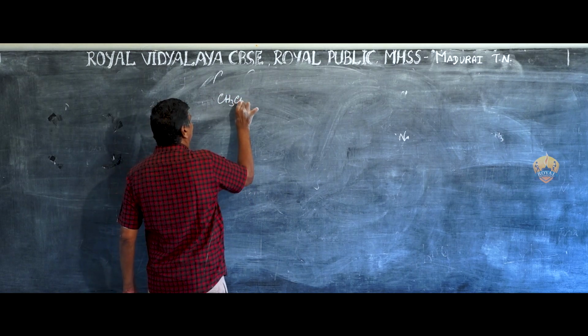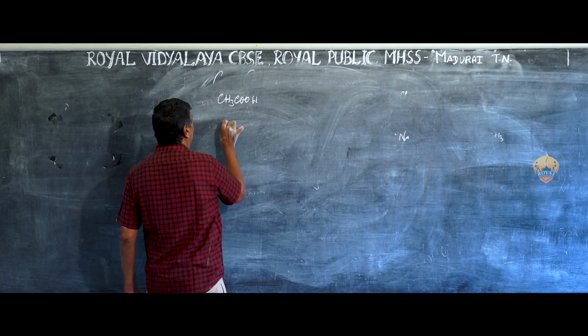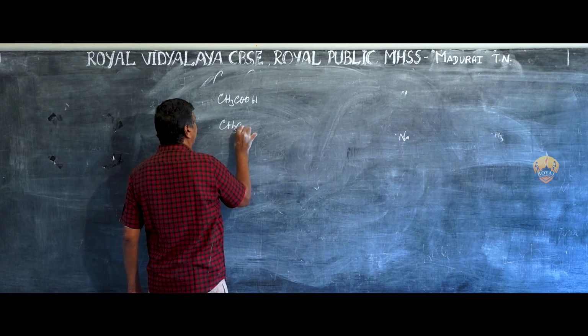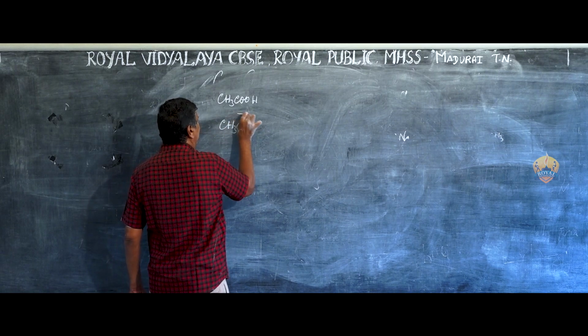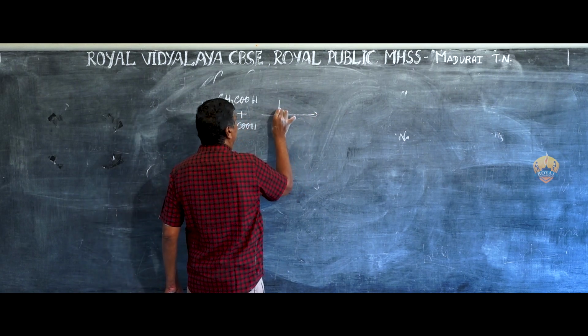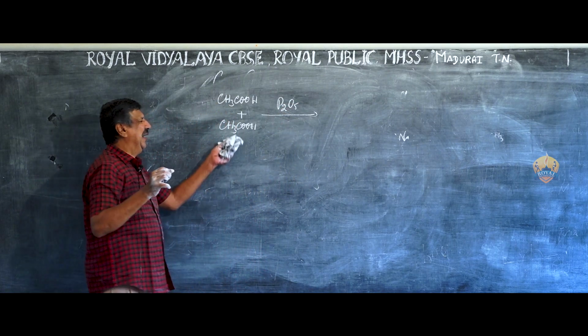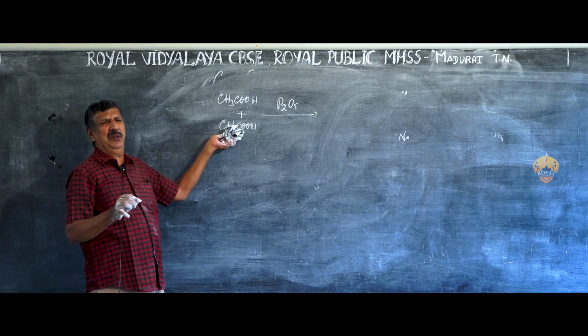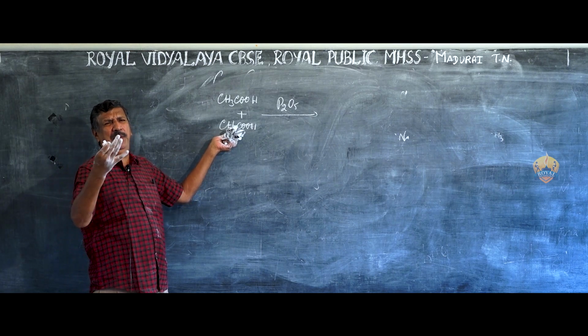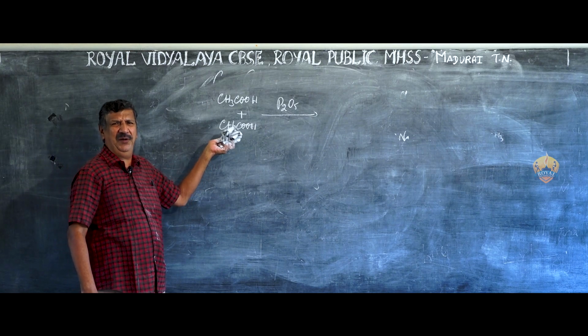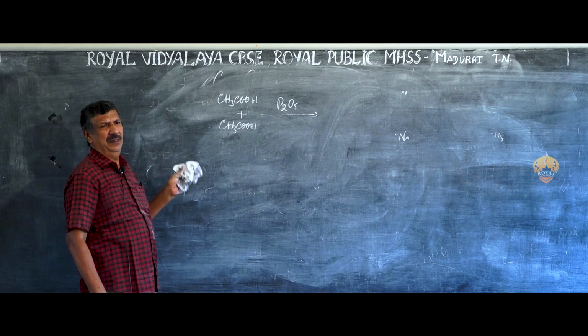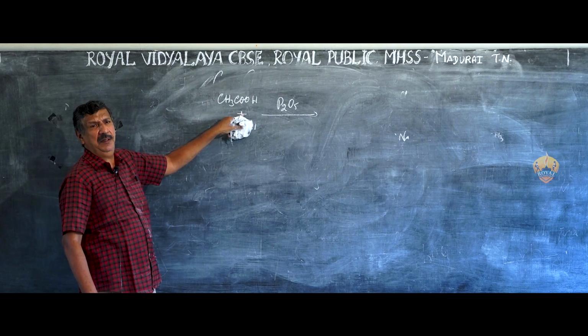Acetic acid in the presence of P2O5. This reaction will be given in the book in the form of a highly complicated double bond. Avoid all this. You should write plus. Why?